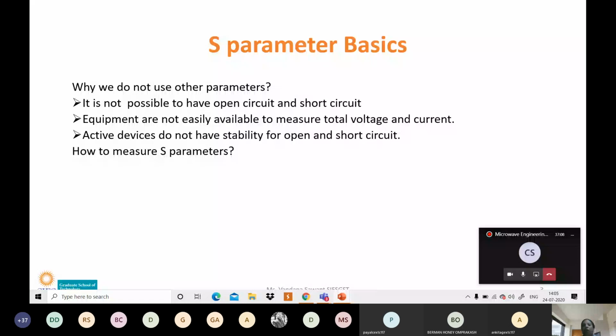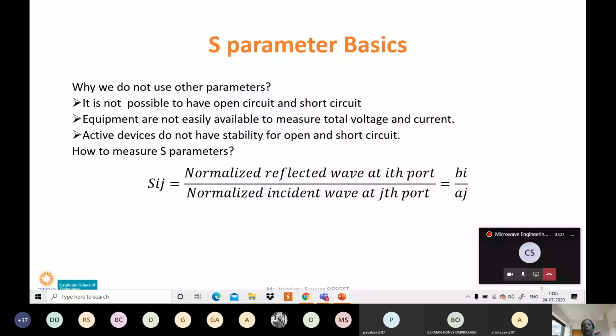Now see, the scattering parameter is indicated by S. So we can write the scattering parameter as S. Now, how to measure the scattering parameter? Scattering parameter is the ratio of the reflected wave at the ith port divided by the normalized incident wave at the jth port.